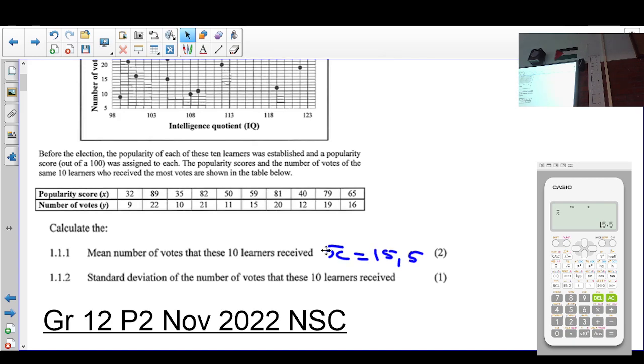The next question asks for the standard deviation of the number of votes that these 10 learners received. So if we shift 1, 4 for variance, 3 for standard deviation, equals 4.59.